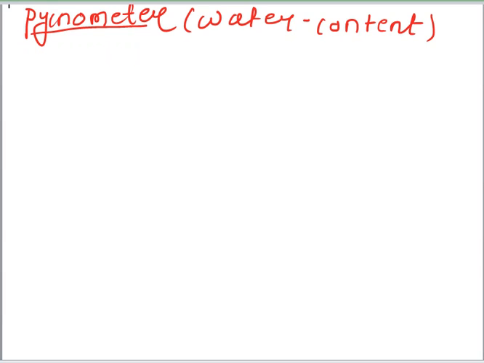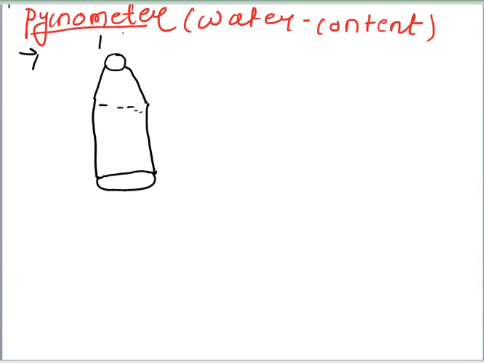So, what is a pycnometer? Look, it is a bottle which looks something like that. It has a circular opening and a conical top and a cylindrical jar. This bottle is the pycnometer.